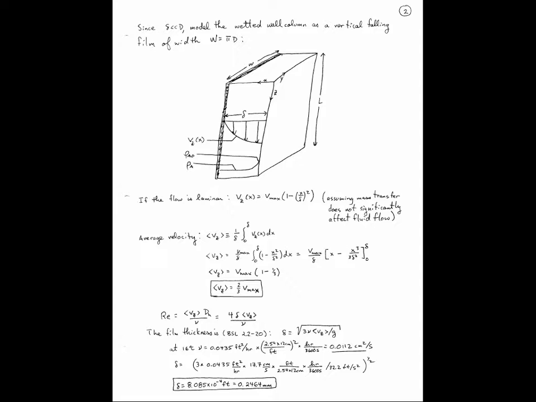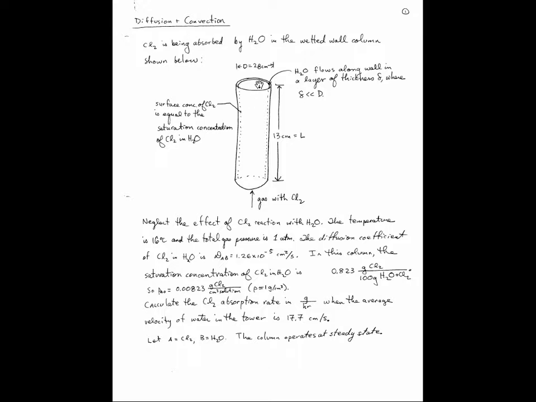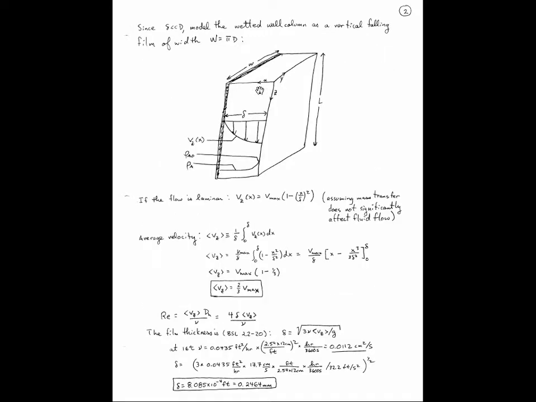You'll remember the criteria that we derived early on: when the thickness of this layer is on the order of 1/5 of the radius of the tube or more, then treating this as just a flat plate problem is a good assumption. If you look back through the notes, you'll see where we derived that.